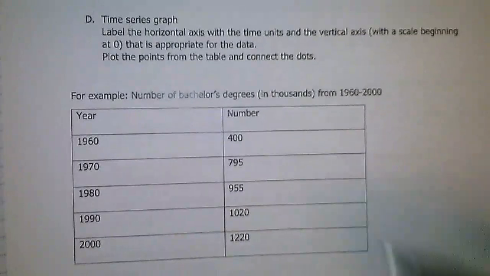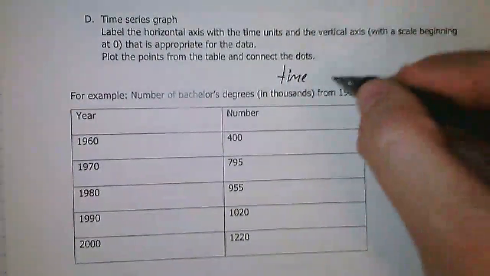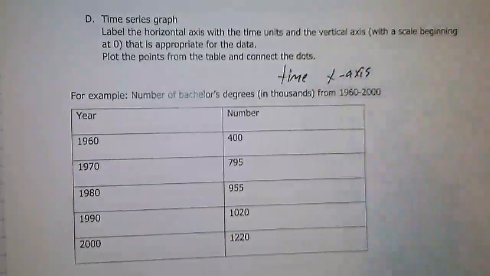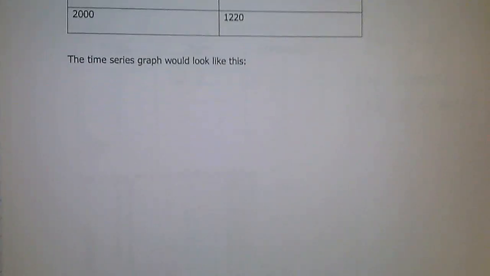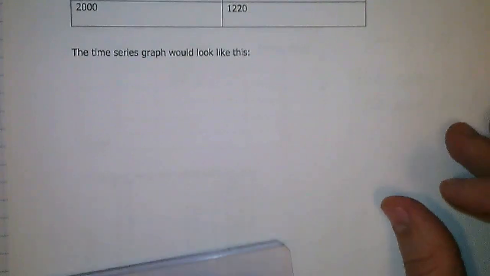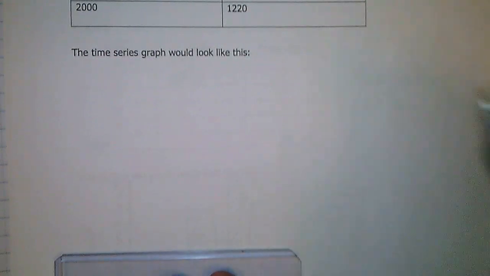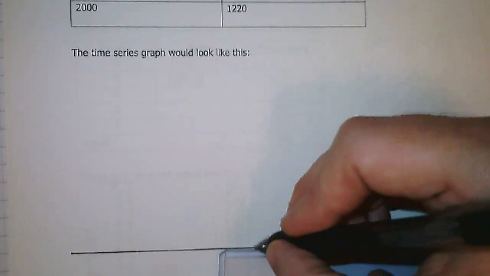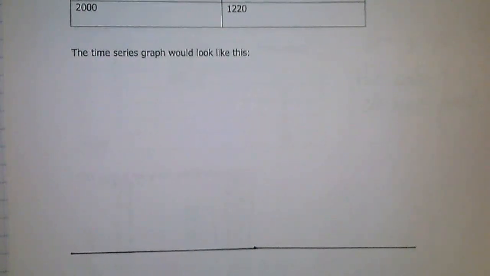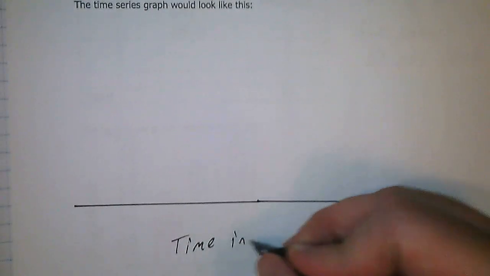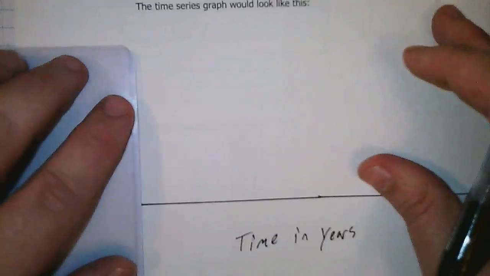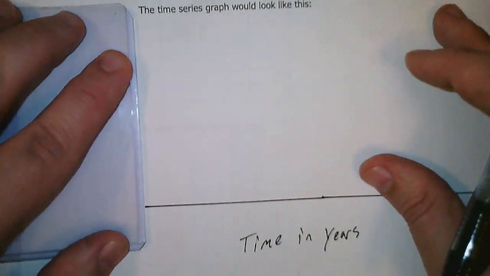So time is always the x-axis, and that's what it says: label the horizontal axis with time units. So the horizontal is time in years. And then I might need more room up here.